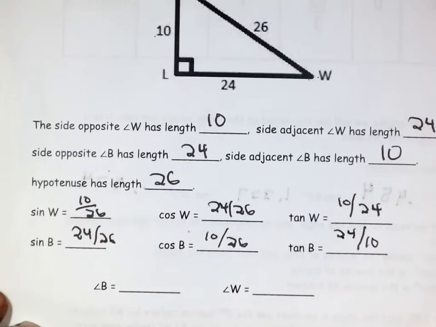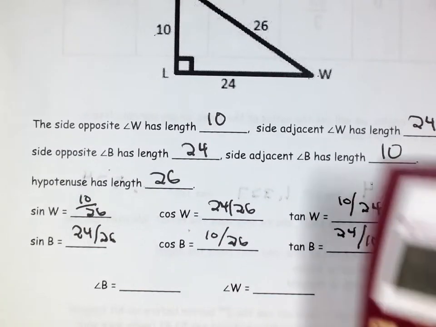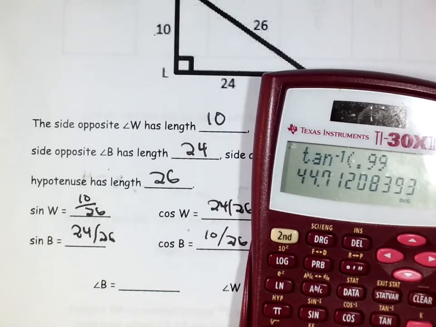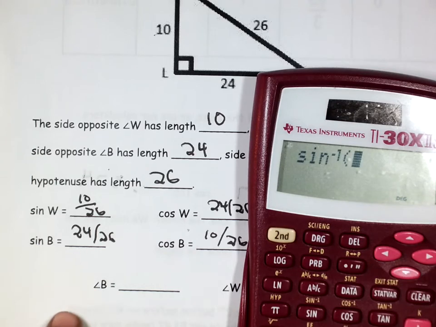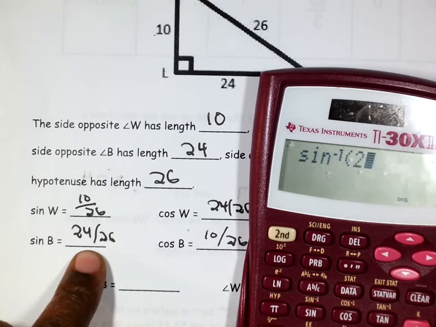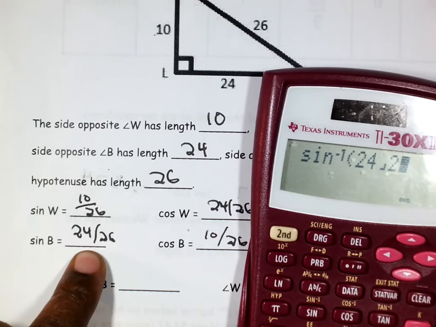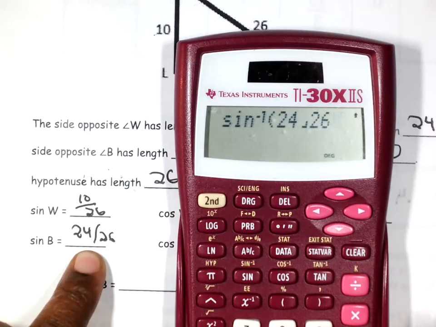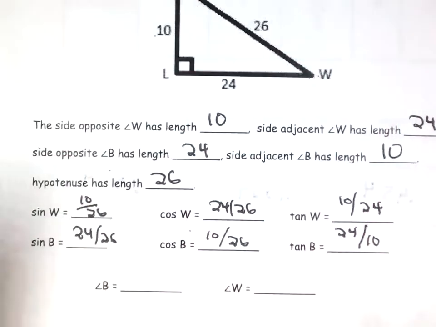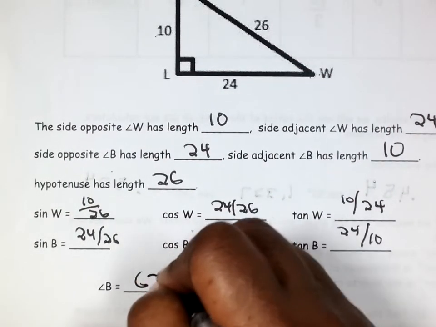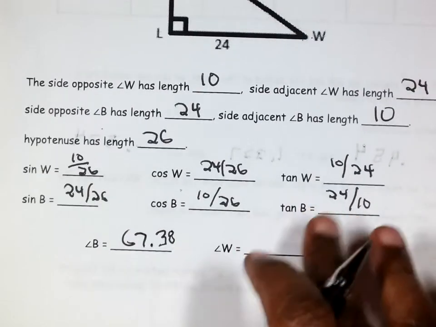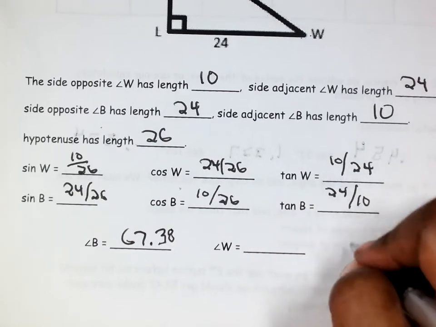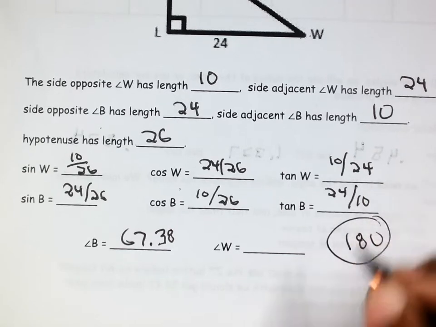And then they want to know what angle B is and what angle W is. So angle B, I'm going to hit second function sine 24 over 26. And 67.38. For angle W, I could do the inverse again, or I can just use the fact that all triangles add up to 180.